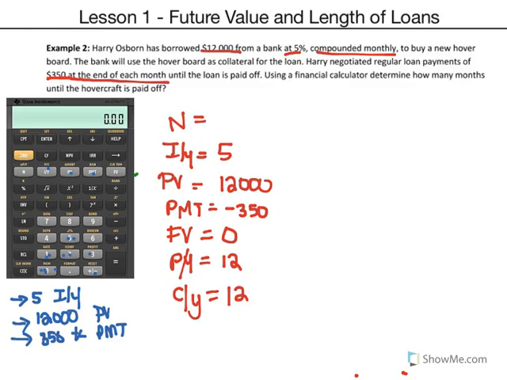Just kidding. We're going to hit second function IY. So this will take us to our PY. And here we're now going to push 12. And then don't forget to push enter.